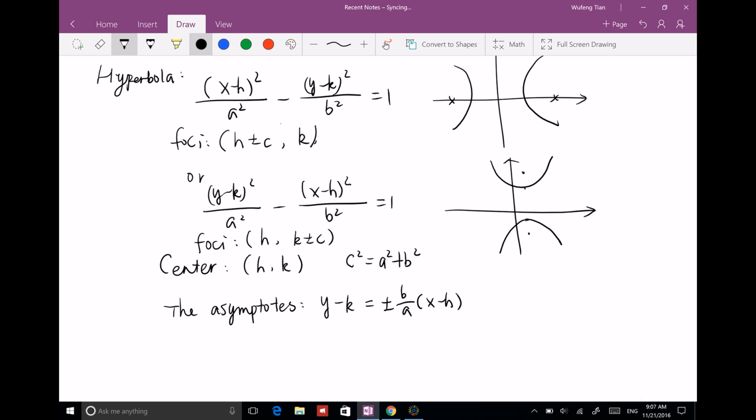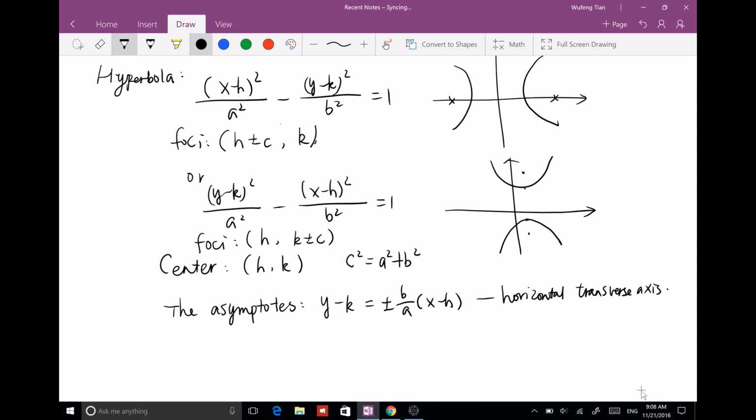This is for the horizontal transverse axis.